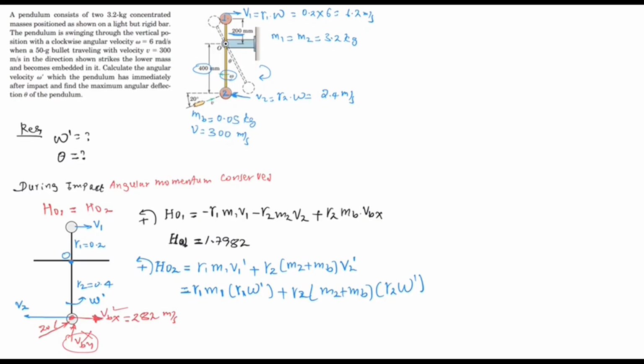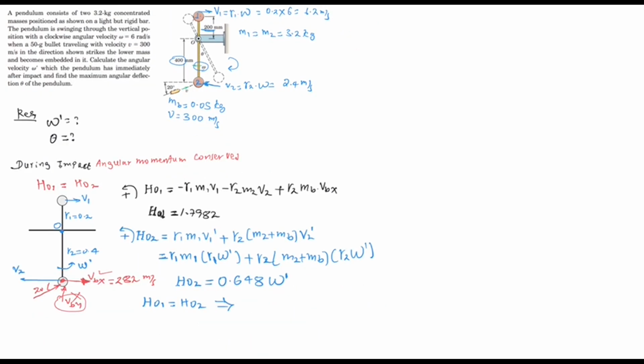If we substitute the numerical values, finally we'll get h02 is equal to 0.648 times omega prime, because the other parameters are known but omega prime is unknown. But we know from the conservation of angular momentum that h01 is equal to h02. This implies that 1.7982 is equal to 0.648 omega prime.